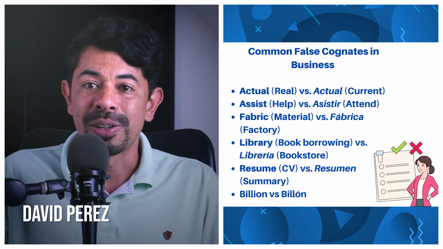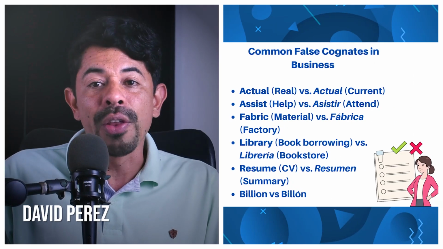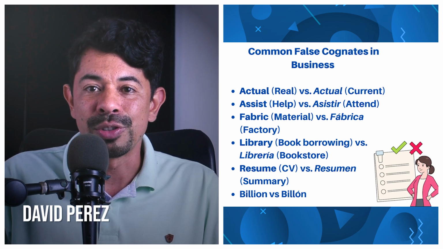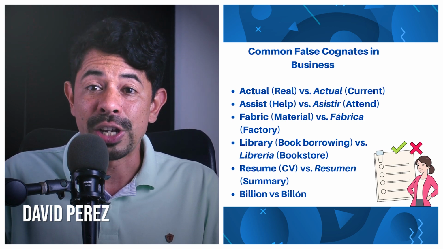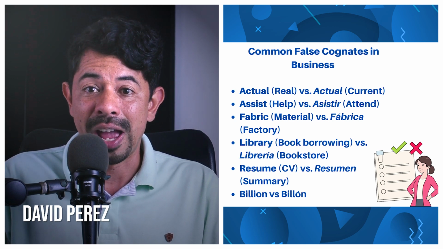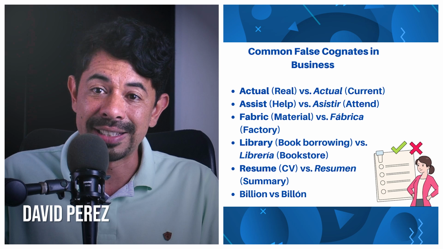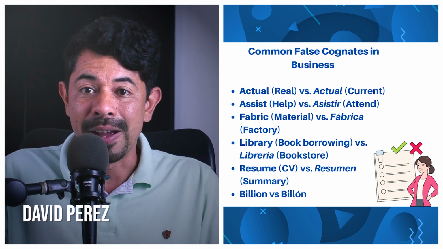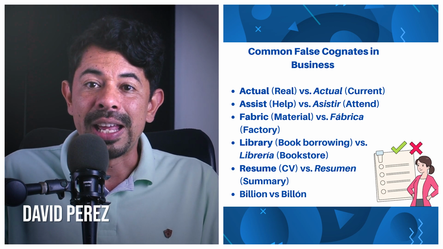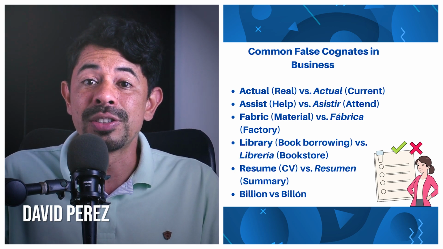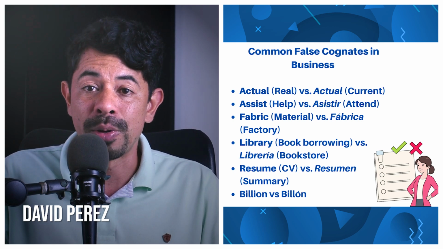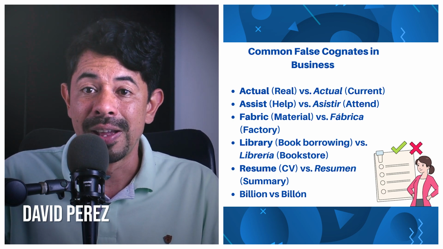Actual versus actual. The other word that is very similar in spelling and pronunciation between English and Spanish is assist. And you have asistir. Assist and asistir. Yeah, spelling is very similar, pronunciation is similar. But in English, to assist means to help, to support, yeah, to help a person, to help a process, to assist.